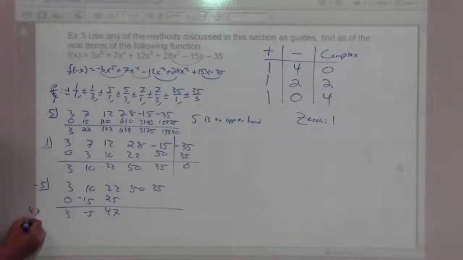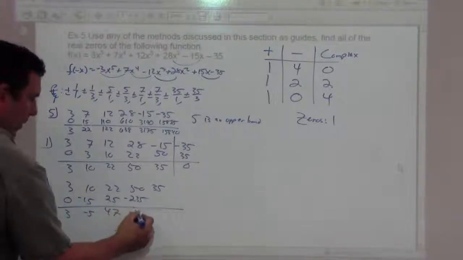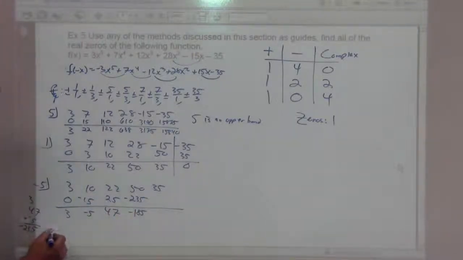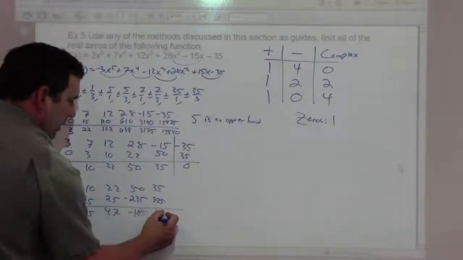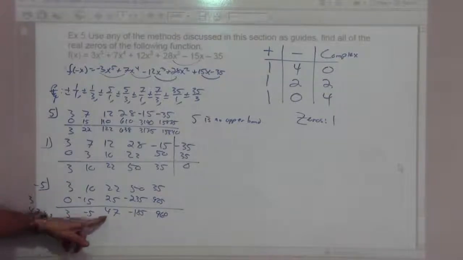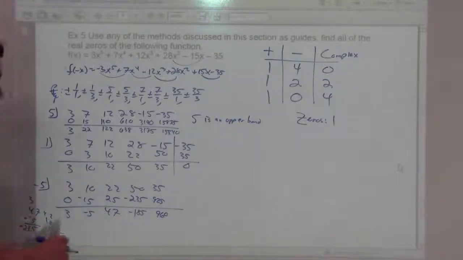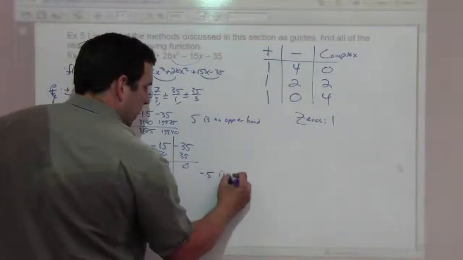Let's see, 47 times negative 5 is negative 235. 50 minus 235 would be negative 185. Negative times negative is a positive, 925. And we're at 960. So notice this goes positive, negative, positive, negative, positive. So that means that negative 5 is a lower bound.